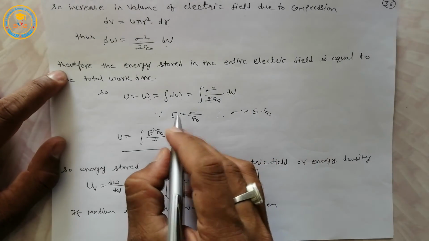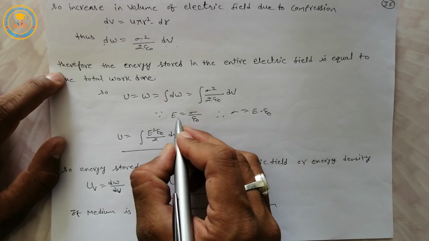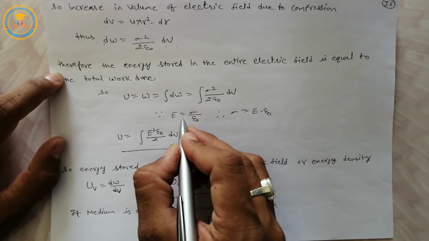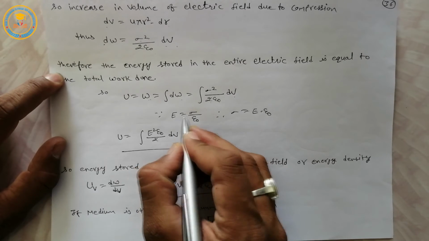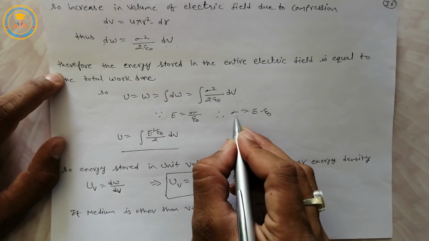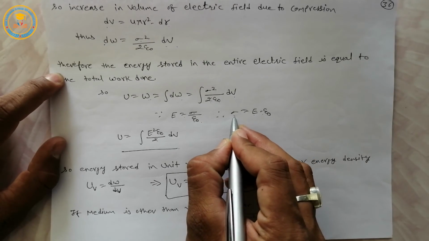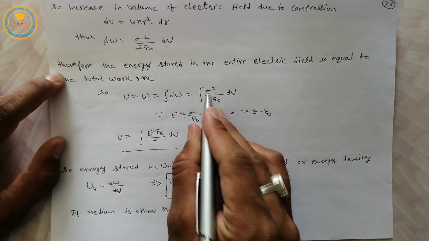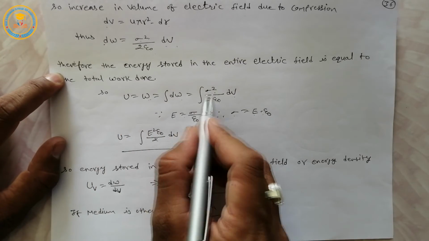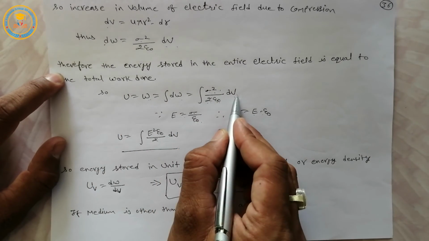We know that the electric field intensity at a surface point of the conductor or spherical shell is equal to sigma upon epsilon naught. So sigma is equal to E into epsilon naught. Put the value of sigma in this equation, then we get U is equal to E square epsilon naught square upon 2 epsilon naught dV.